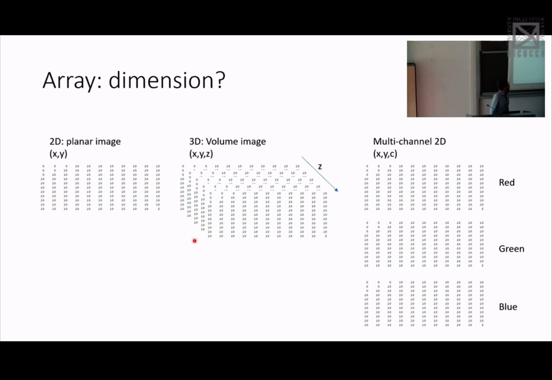However, you can also have a 3D volume. It's quite common in in vivo medical images. You have a stack of planes, and you have 3 axes, x, y, and z.